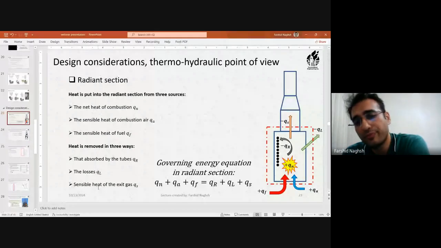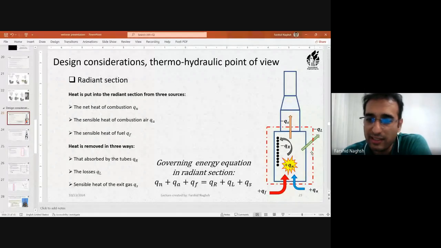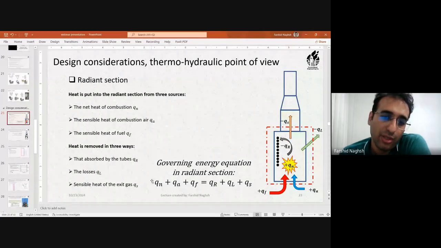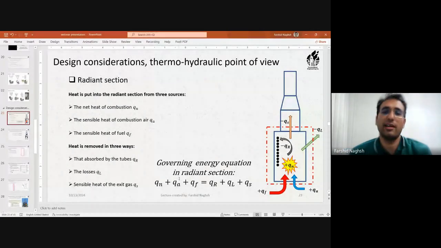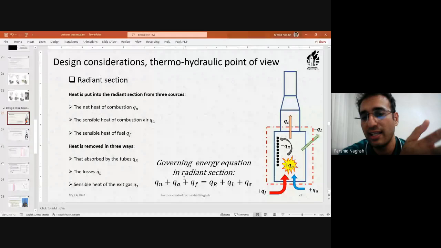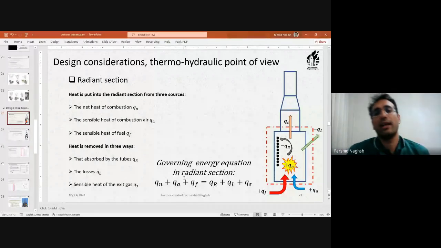And some of the heat goes into the convection section, denoted by QS. So by a simple heat balance inside the radiant section, we have three heats as the input heat, and three heats as the output heat.